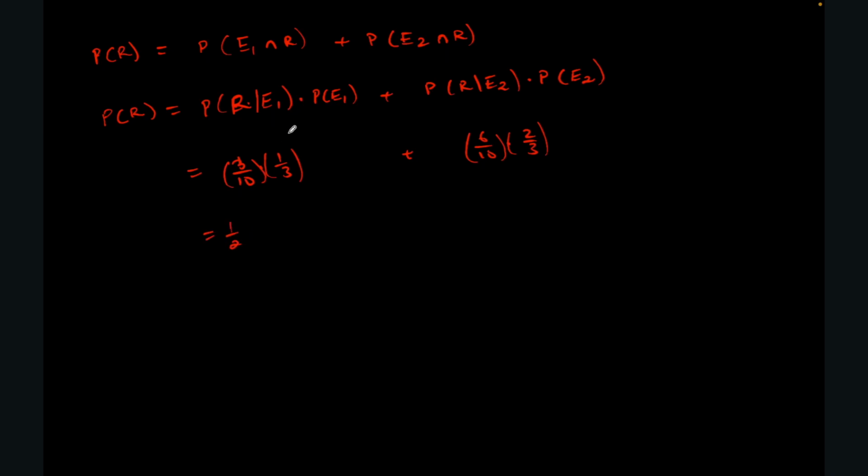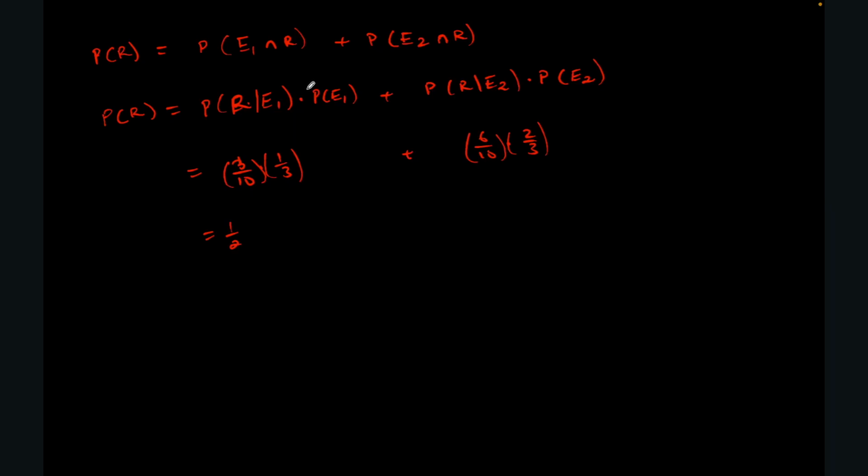Now, why am I multiplying? Well, remember, the probability of E1 is not going to change whether event 1 or event 2 is taken into consideration. They're independent events. Me selecting a red ball from bag 1 or bag 2 is not dependent on whether I roll a dice.